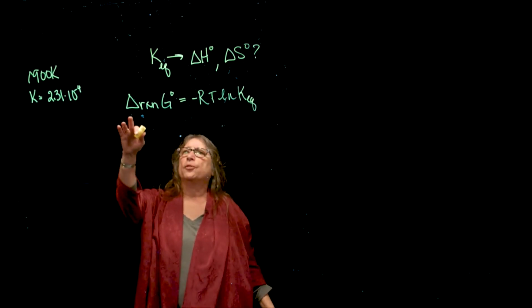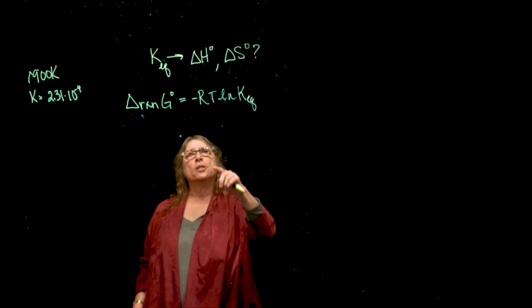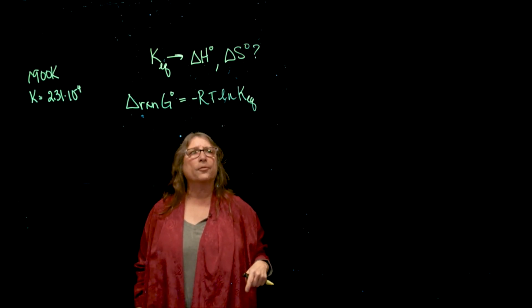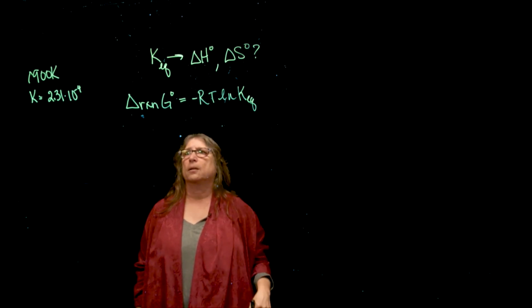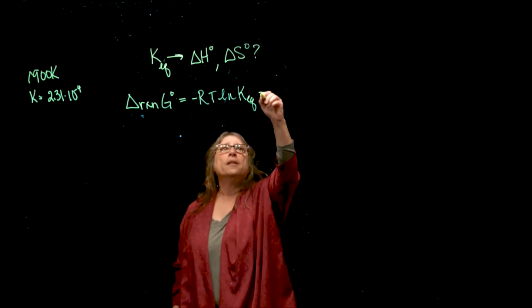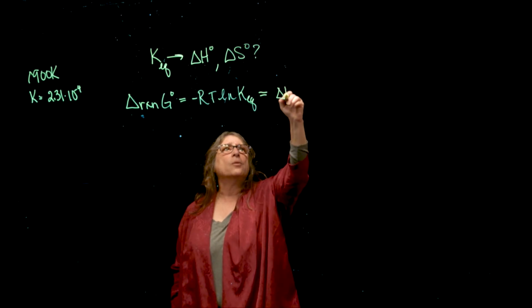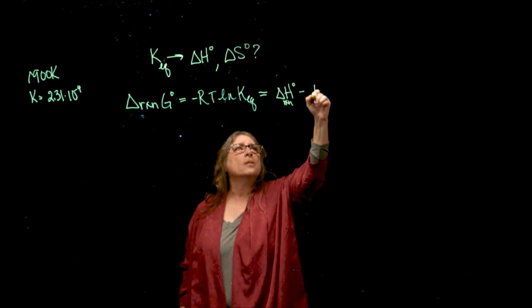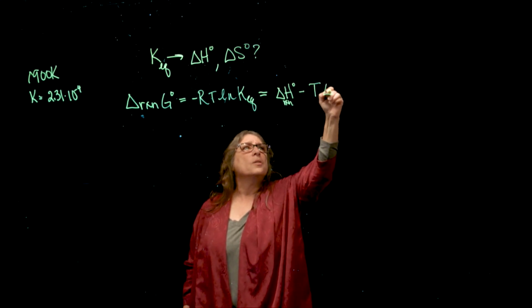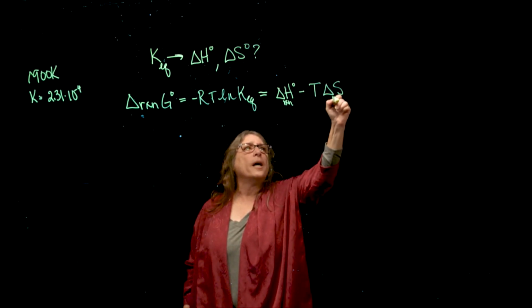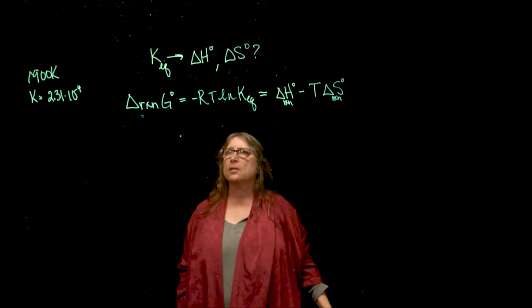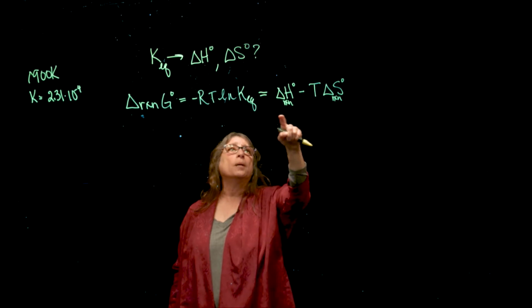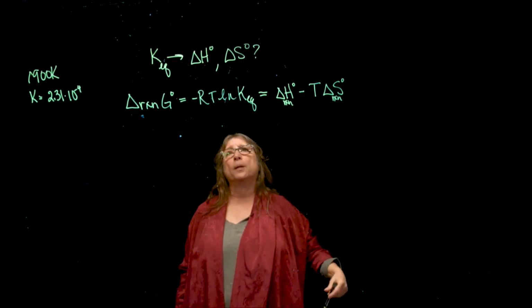The Gibbs energy for the reaction under standard conditions is equal to negative RT times the natural logarithm of the equilibrium constant. We also know that the delta G for the reaction is equal to the enthalpy of the reaction under standard conditions minus T times the change in the entropy for the reaction under standard conditions. So it looks like I have a way of equating the equilibrium constant to the enthalpy and the entropy.